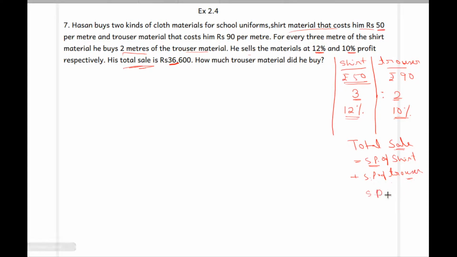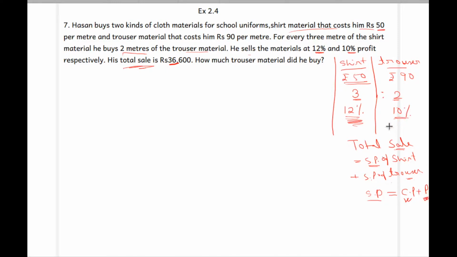How to find selling price of anything? Selling price is equal to cost price plus profit. Here profit percentage is given, profit directly is not given. We have to find out the cost price of each material and the profit of each material.